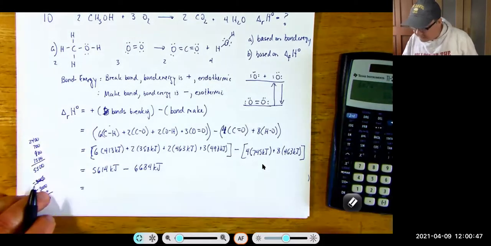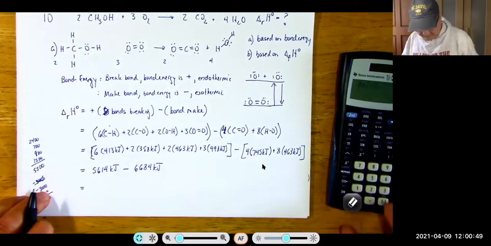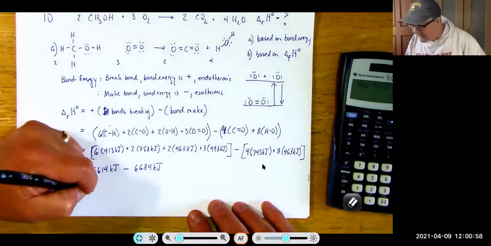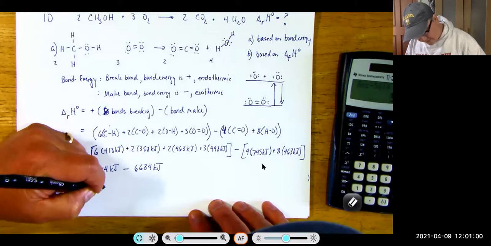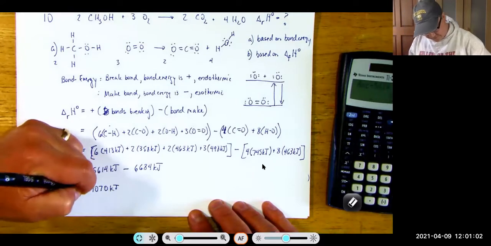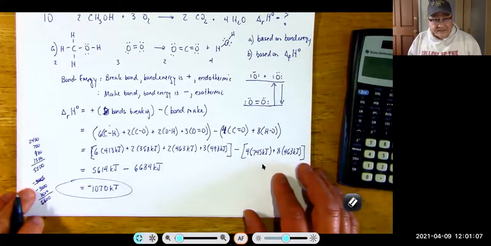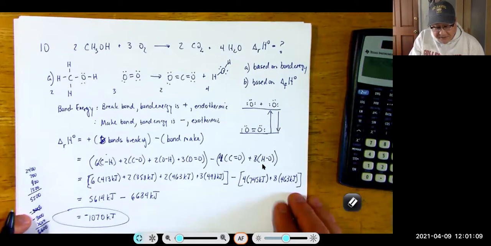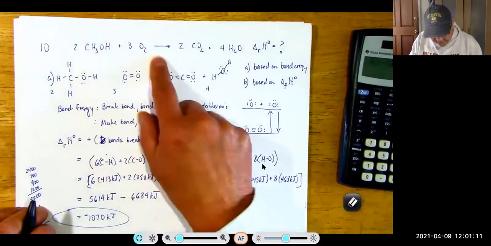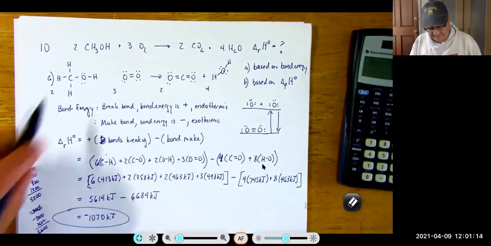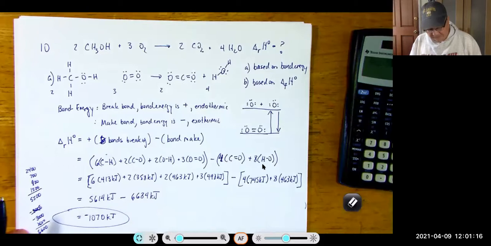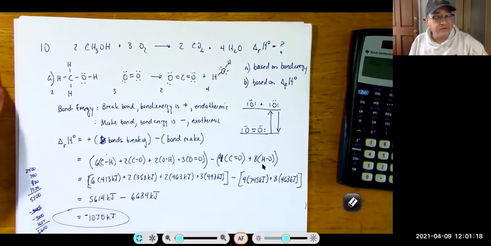Add these two together. And I get negative 1,070 kilojoules. So this basically says that if you combust methanol, you will release that much heat. Okay? Do you follow?